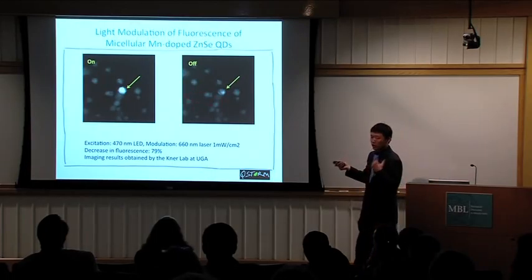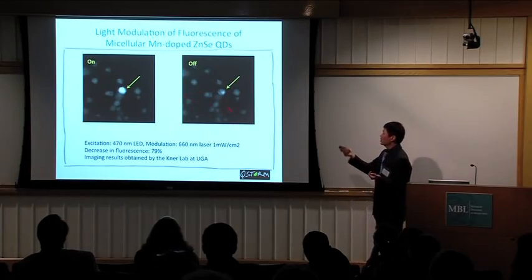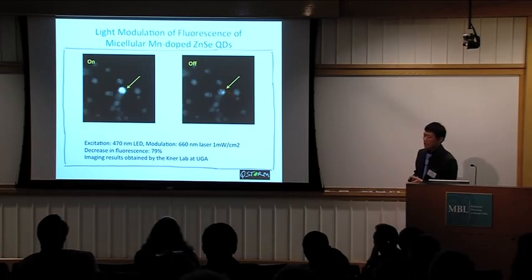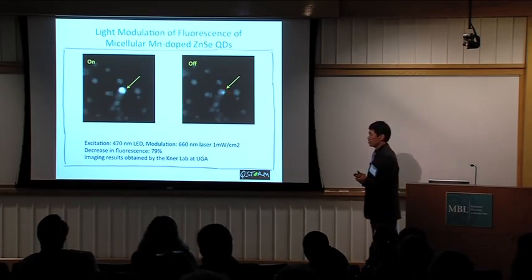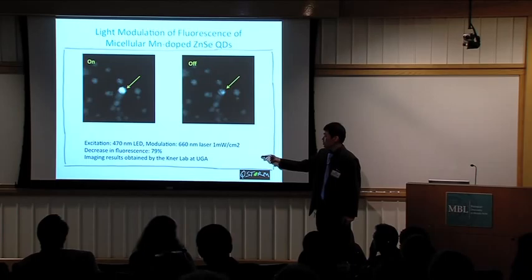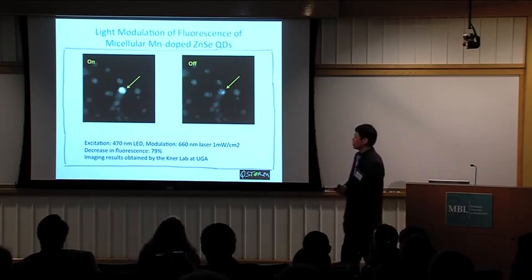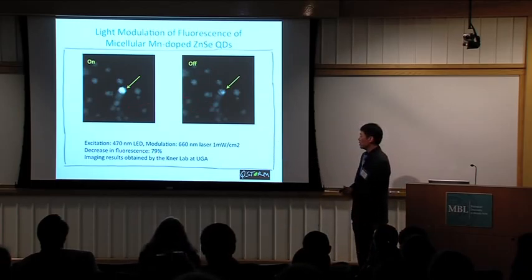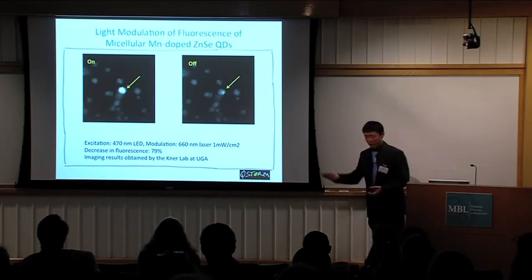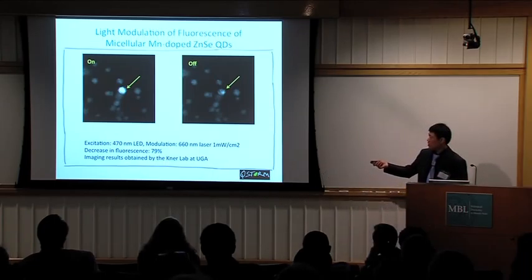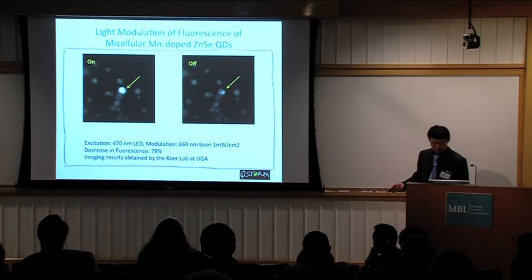But when we turn on the modulation light, the fluorescence is off. And the decrease in fluorescence between these two can be as high as 80%. And the imaging was done by Peter's lab at University of Georgia.